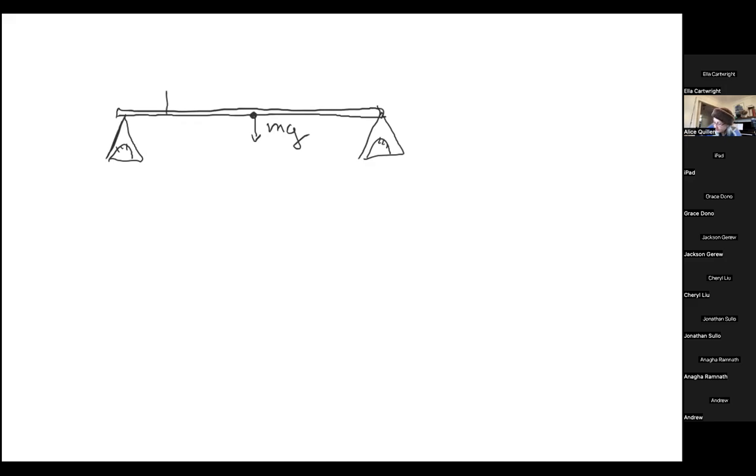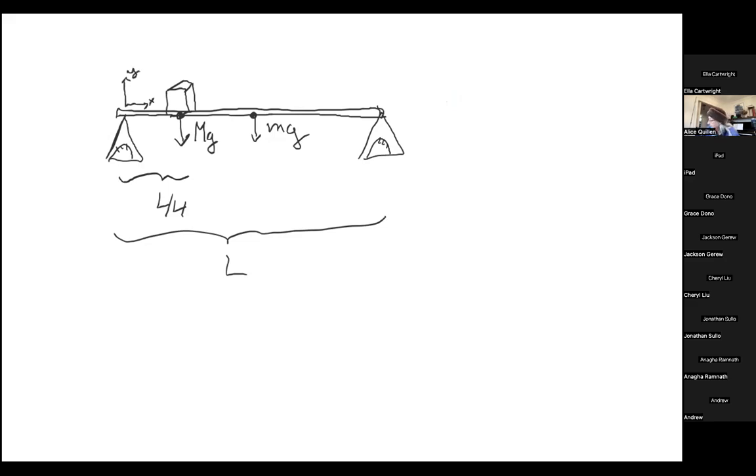Then there's this box sitting on the beam at a distance L/4, where the beam has length L, and the box has big M mass. It's applying a force on the beam a quarter of the way down from the left end. I'm going to put the coordinate system at this scale, so x, y.